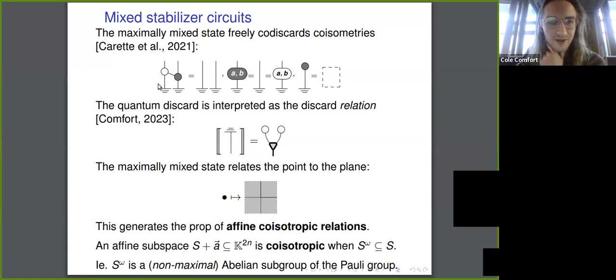So here, these are the isometries, and if you add these equations, you get discarding and you get the maximally mixed state. And what's particularly nice here is that the discard relation, as a linear relation between sets, is the same thing as the quantum discard.